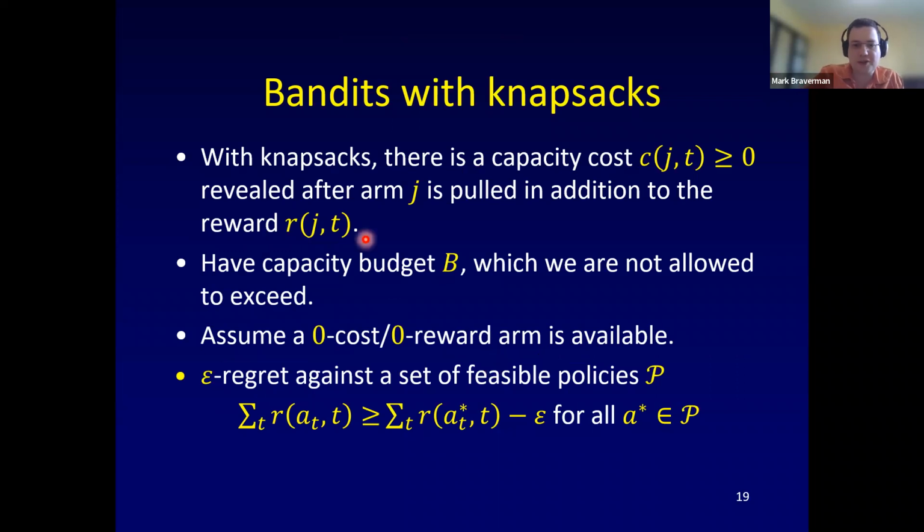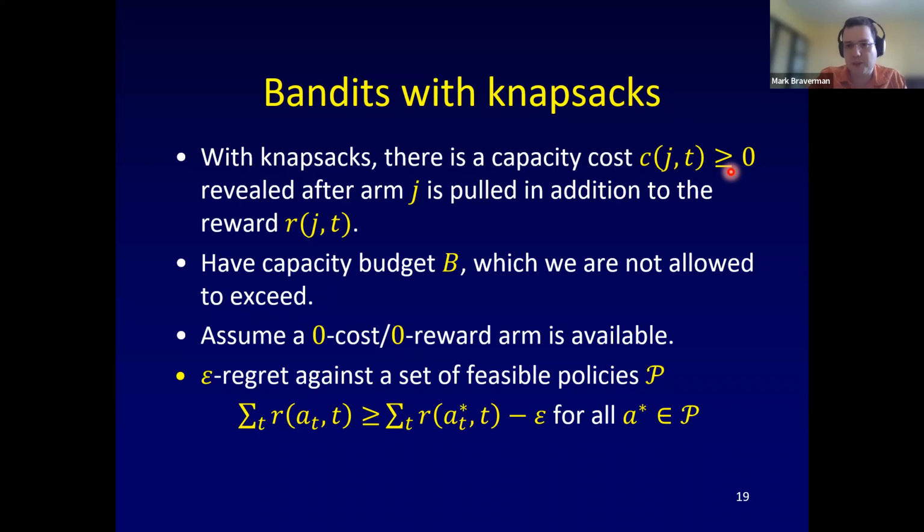So with knapsacks, it's a straightforward generalization of this, except in addition to the reward, each item comes with a non-negative cost. So think about it as you have a knapsack, and at every round you can open one drawer and get a rock from the drawer. So the rock is worth some money, but also it has some weight, and you have to put it in your knapsack.